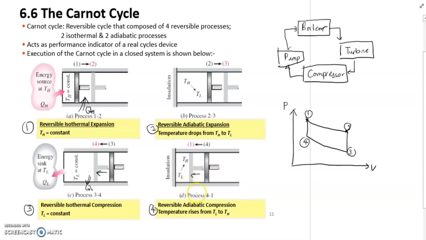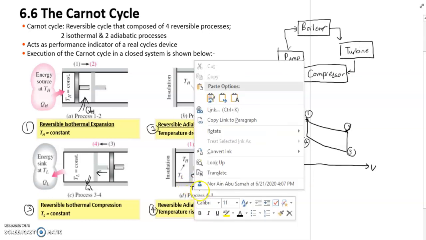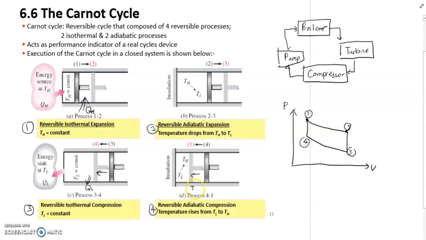So what happens is your temperature will increase from TL to TH. You have to understand all these 4 processes in the Carnot cycle.